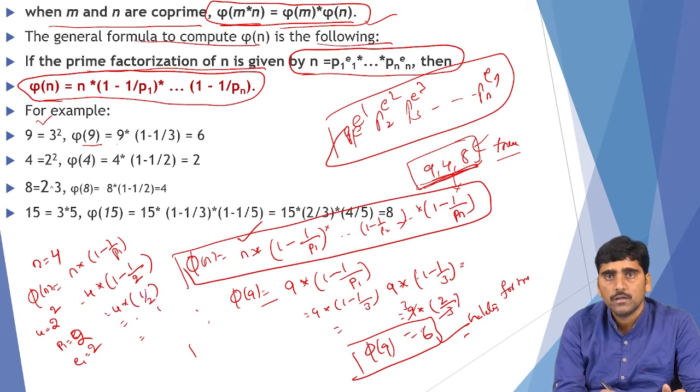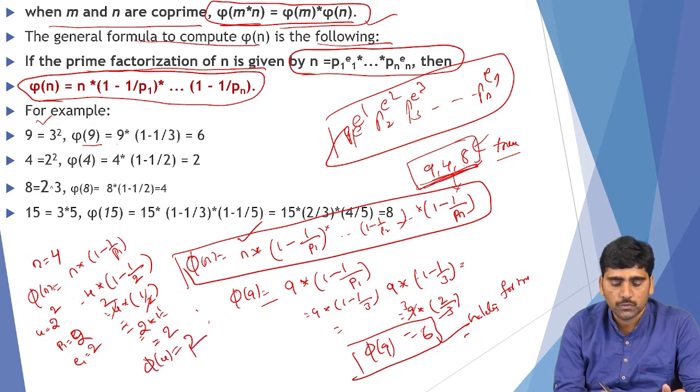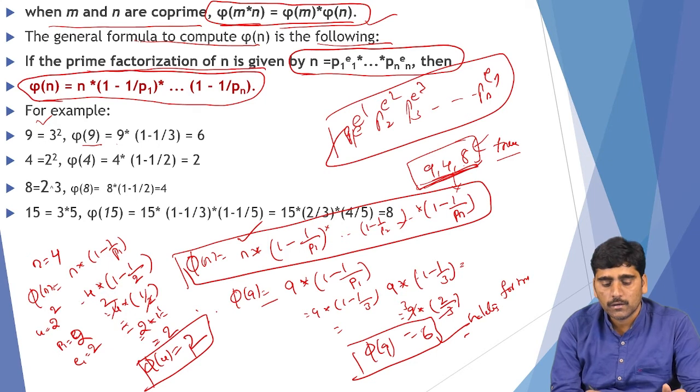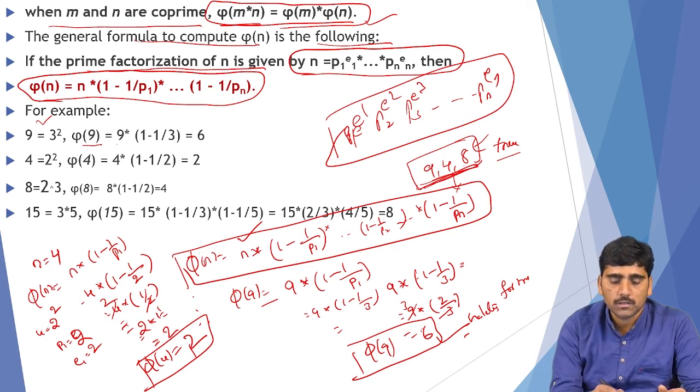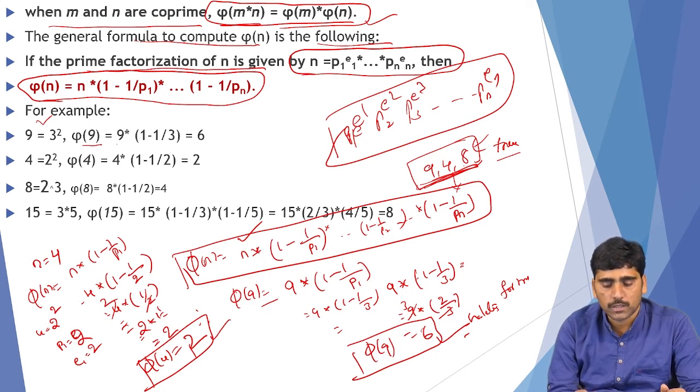So 2 into 1 is 2, so phi of 4 equals 2. But for the Euler totient function, actually phi of 4 equals phi of 2 into phi of 2, and phi of 2 is 1, so 1 into 1 is 1. But from this formula you get phi of 4 equals 2, right?